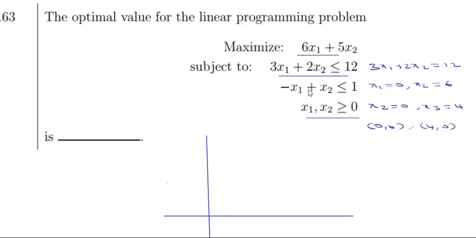Similarly we will find the points corresponding to the second constraint, minus x1 plus x2 equal to 1. When x1 equal to 0, we will get x2 equal to 1, and when x2 equal to 0, we will get x1 equal to minus 1. Therefore the points are (0, 1) and (minus 1, 0).